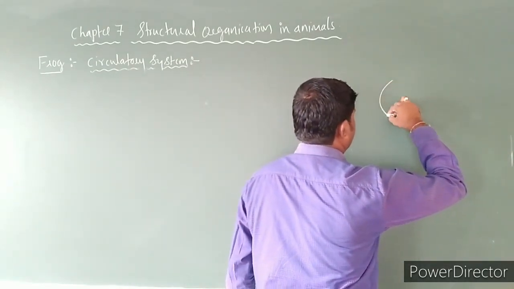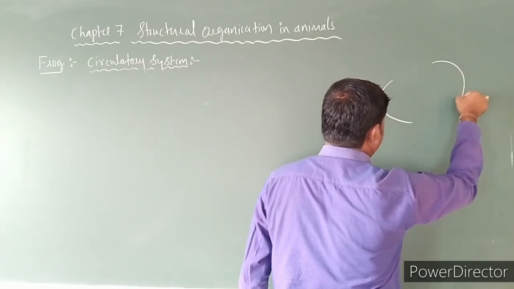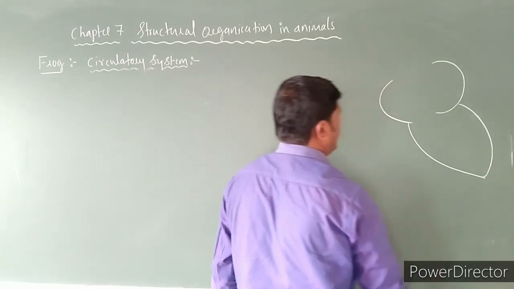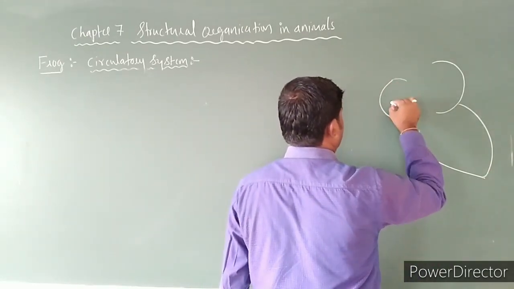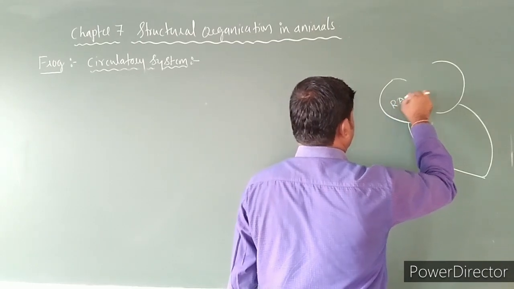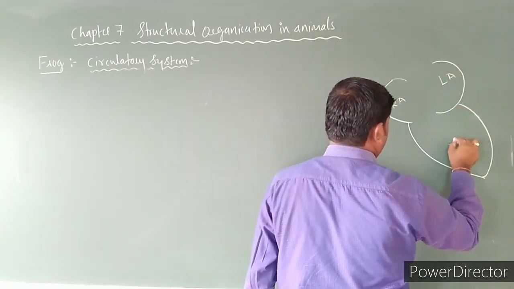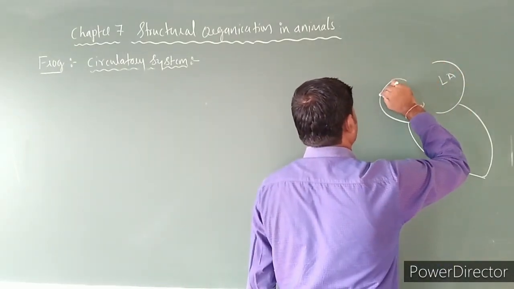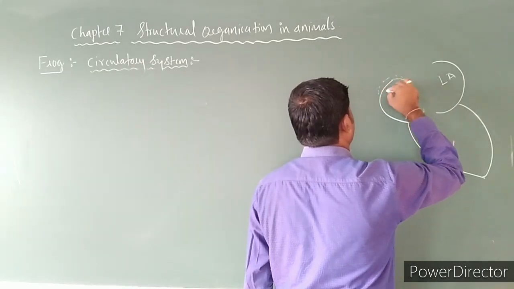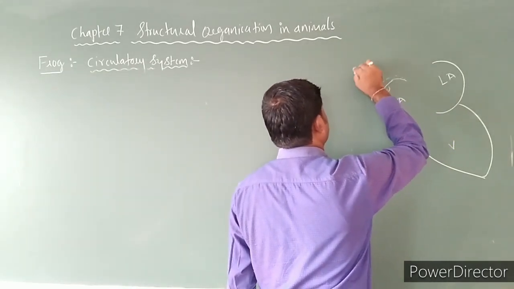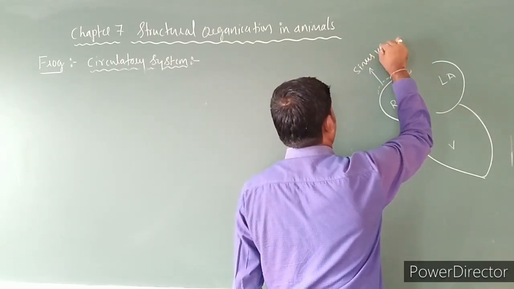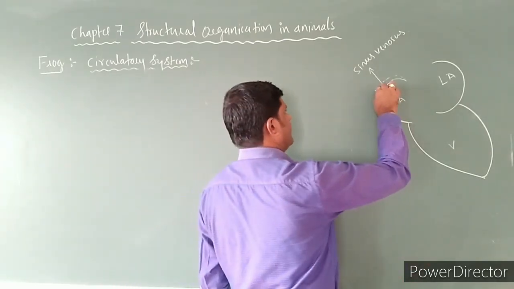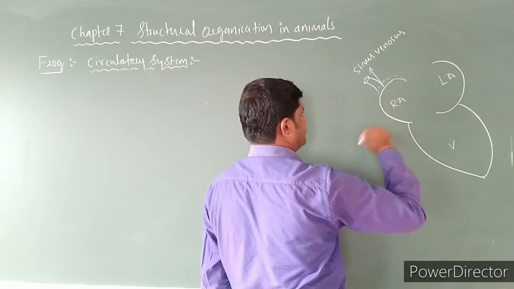So see here, I would like to draw this diagram separately over here, and this is how the heart is. This is the right atrium, this is the left atrium, and this is the only one ventricle present over here. To this right atrium, one more conical shaped structure, that is the sinus venosus, is attached over here, and this brings the blood from the veins.